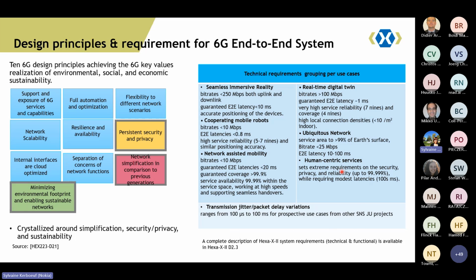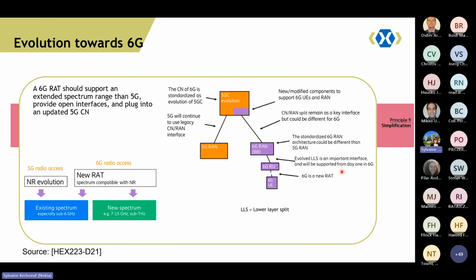Moving to the next slide, we also work on this evolution towards 6G. One lesson learned from migration to 5G was that we need to limit the number of deployment options. So following this principle of simplification we had in Hexa-X-II, and to be brief, 6G will be standalone from the beginning, and the core network should be an evolution, an enhancement of the 5G core.